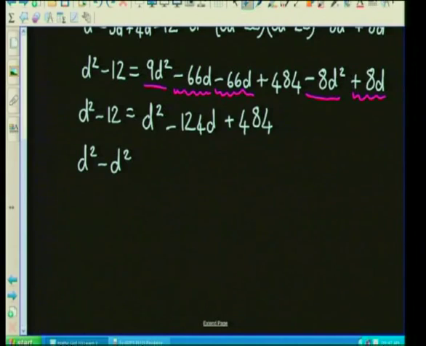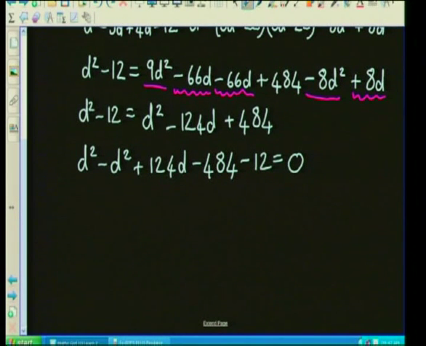Because it is minusing on the right-hand side, we are going to add it on both sides, giving us plus 124d. And then lastly, we are adding 484, which means we're going to have to minus it to get rid of it. So when I move it over, I'm minusing it. And the minus 12 goes over there.